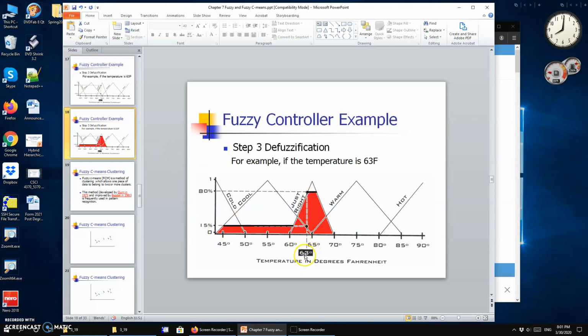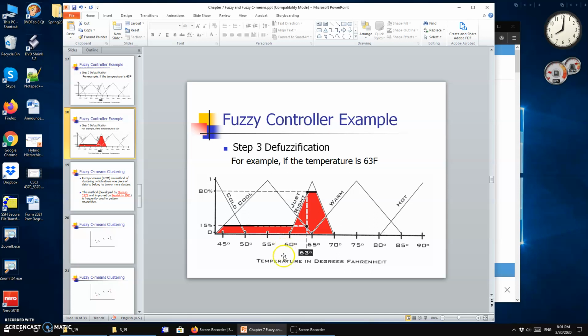So 63 degrees in this defuzzification step indicates 80% consider it just right, and 15% consider it cool. So the motor speed can be calculated based on the 2 different levels of belongingness and make the best proper output to turn the motors on. And that is the idea of fuzzy theory.